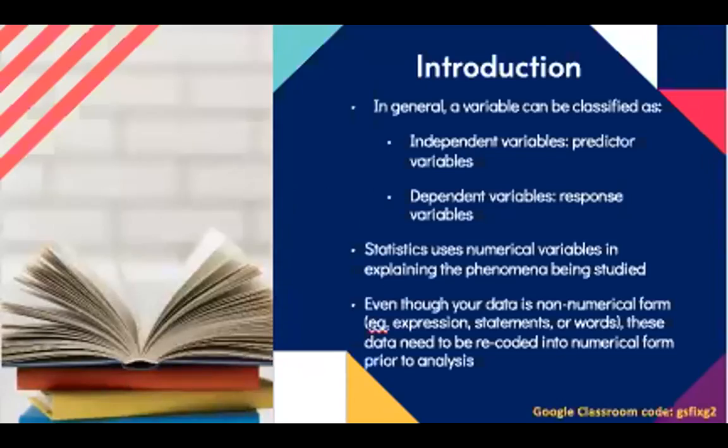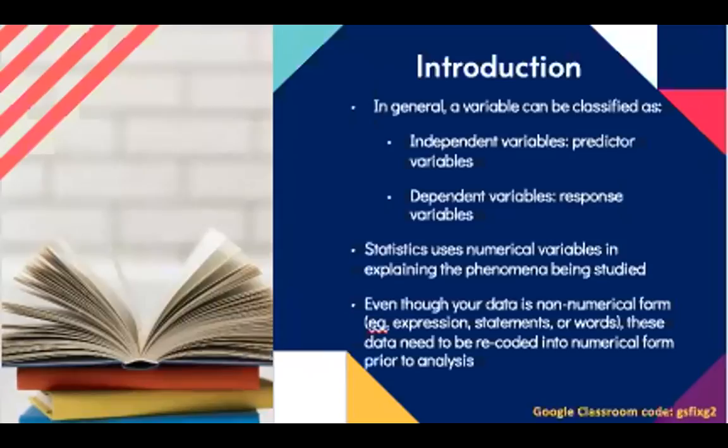So in general, a variable can be classified as independent variables and dependent variables. Independent variables are usually the predictor variables, while dependent variables are usually the response variables. So we will look at a few examples later.